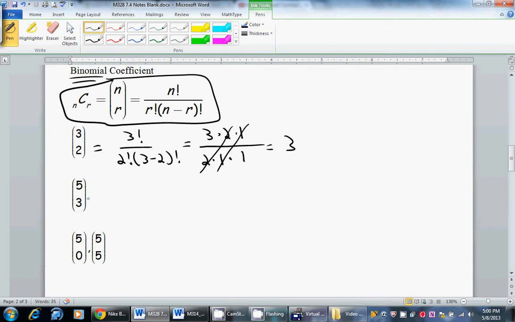Okay, let's try with some harder numbers. 5 and 3. I want the binomial coefficient here. This is 5 factorial over 3 factorial times 5 minus 3 factorial. I'm going to leave the numerator as 5 factorial for now, and this is going to be 3 factorial times 2 factorial in my denominator.